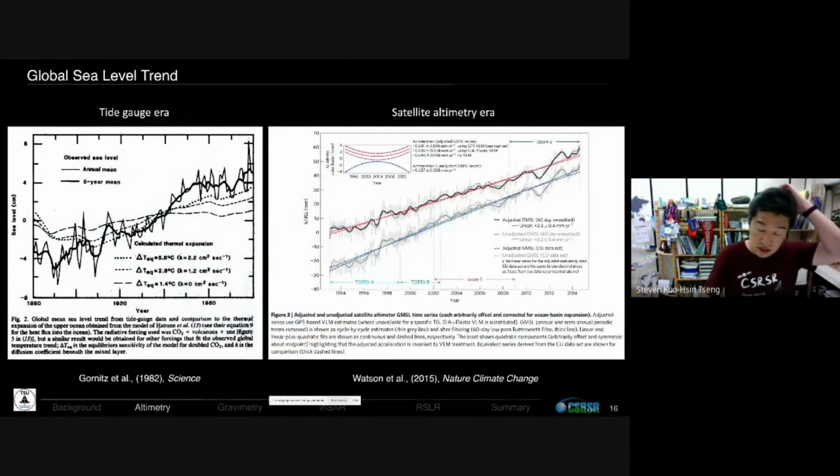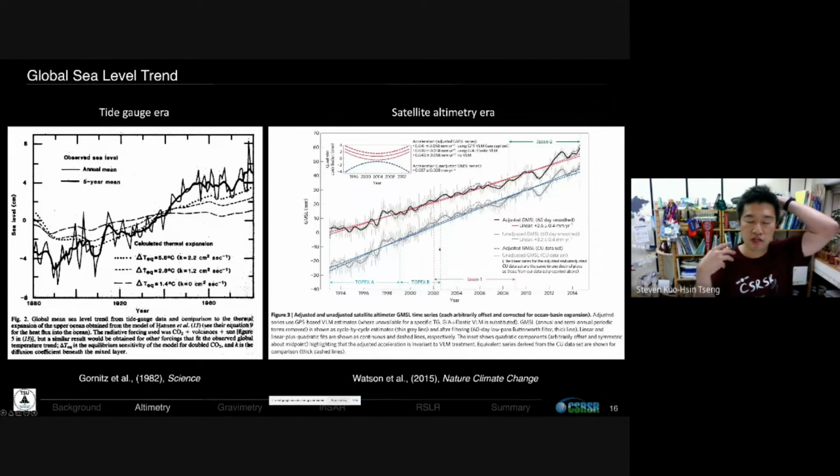So let's get back to this time series. We have a time series constructed by the altimetry missions mentioned earlier. From the 1990s up to today, we have a very good estimation.